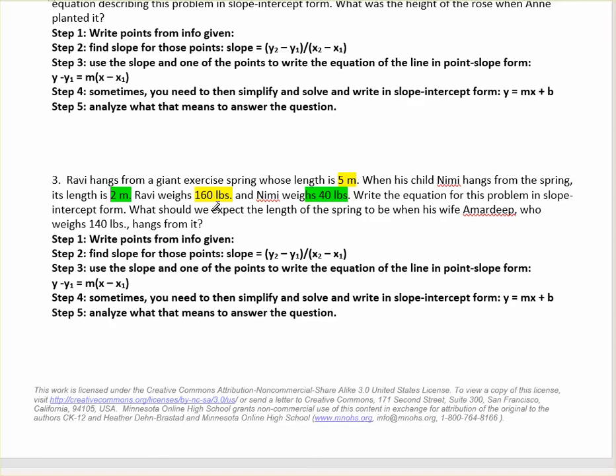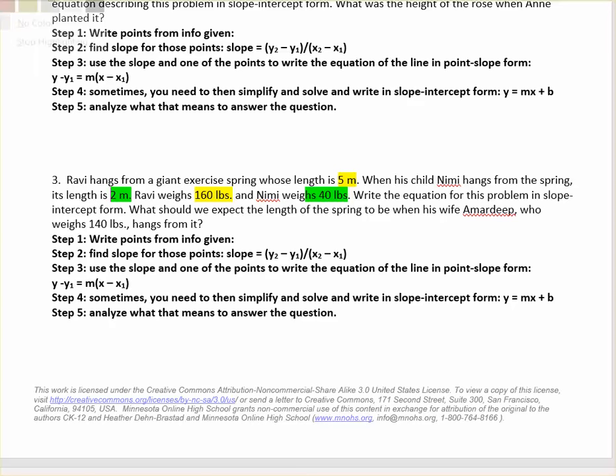So you can use those to write the points from the given information. Then you find the slope, and then you use the slope in one of those points to write the equation in slope-intercept form. Now in this one, the rest of the question says you will need to do step 4, write it in slope-intercept form. And then it says, what should we expect the length of the spring to be when his wife, Armadeep, who weighs 140 pounds, hangs from it?